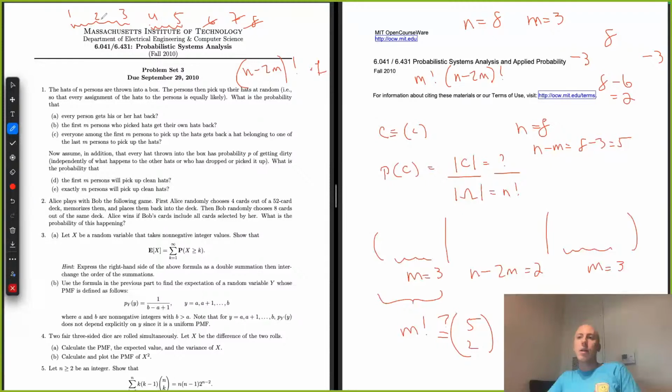How many of these can you permute? So there's still m factorial ways to permute those. And this is just over n factorial. So I feel like that's kind of the answer.